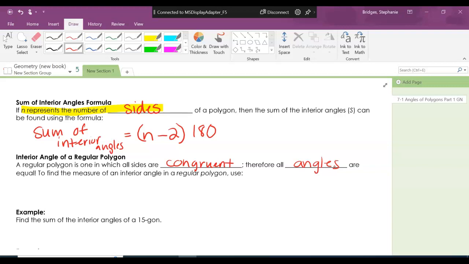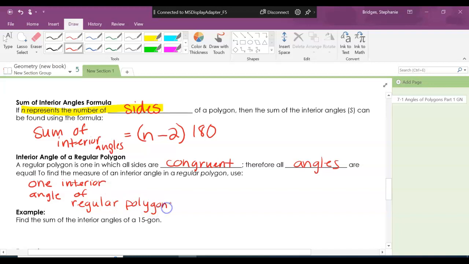Therefore, all angles are also equal or congruent. So to find the measure of just one interior angle, and this is the difference, one interior angle of a regular polygon is going to be this formula, starting off the same: n minus 2 times 180.